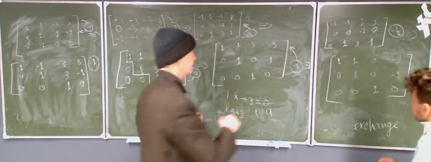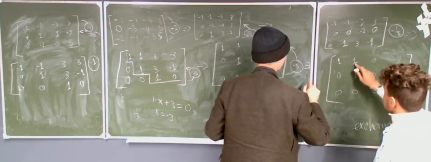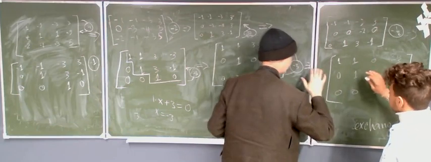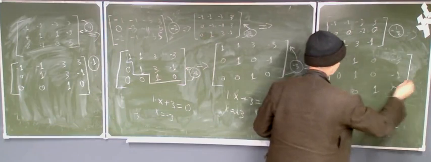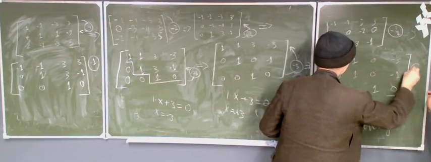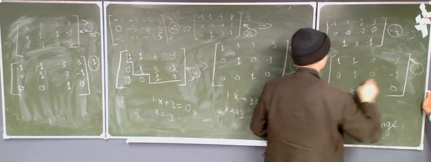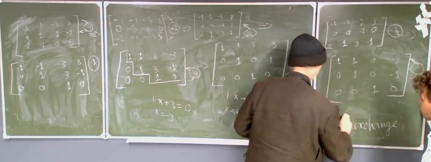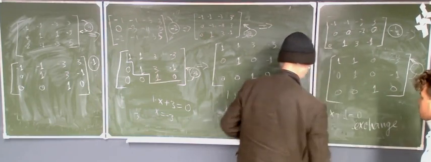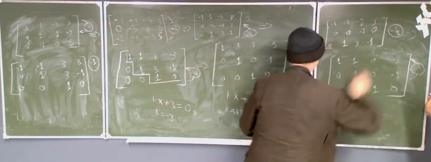And the last step, we should have 0 at this position. This is 0. We should make it 0. Therefore, we take this one, draw, and 1 times x plus 1 is equal to 0. Minus 1. Right here, minus 1.